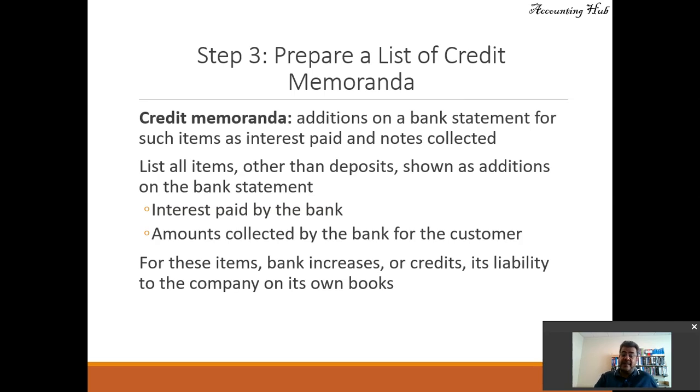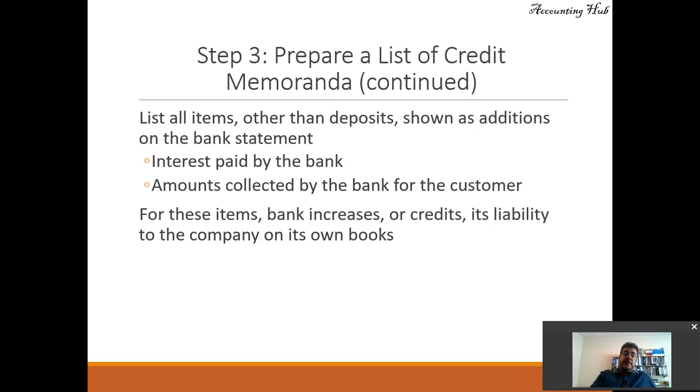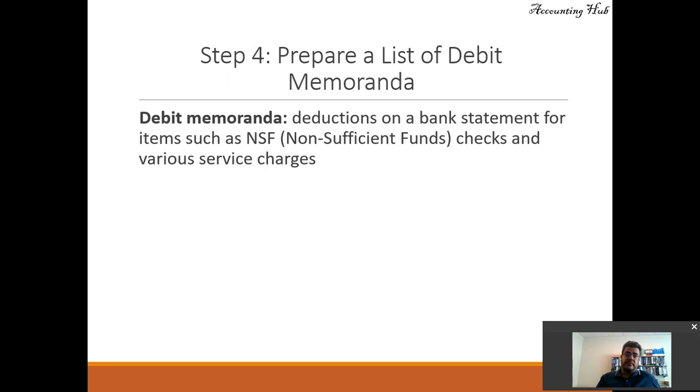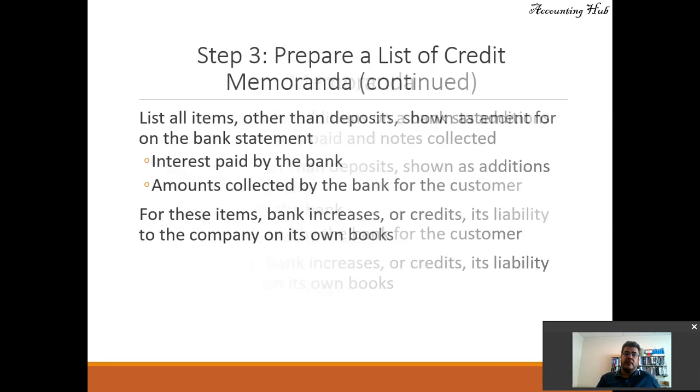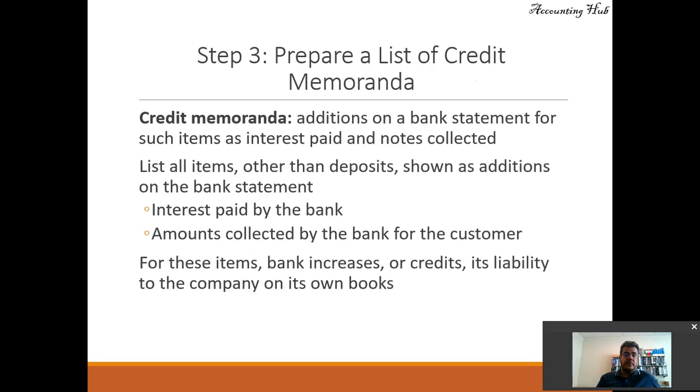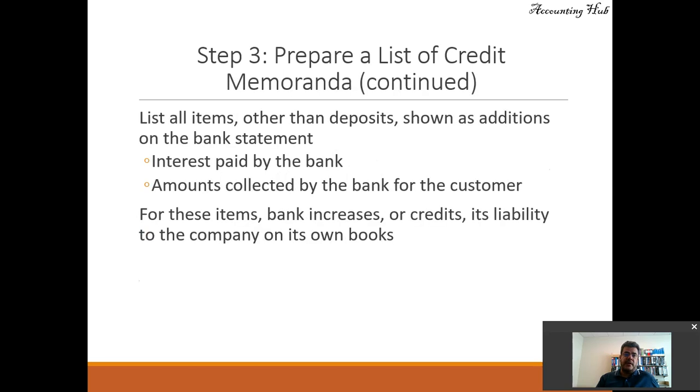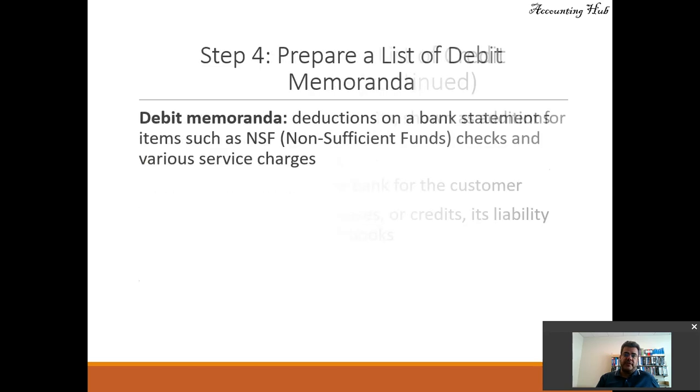So that's why they show it as credits, even if they are assets for us, so debits. So for these items, the bank increases its liability to the company on its own books. So, credit memoranda here, and then all of these items.